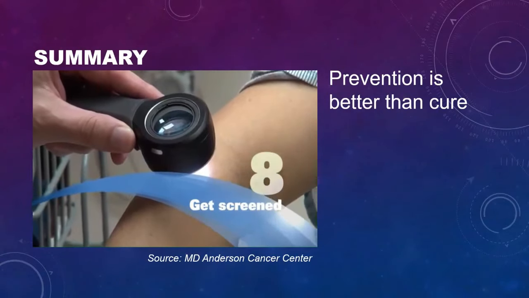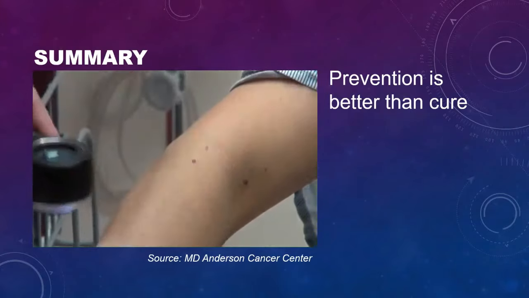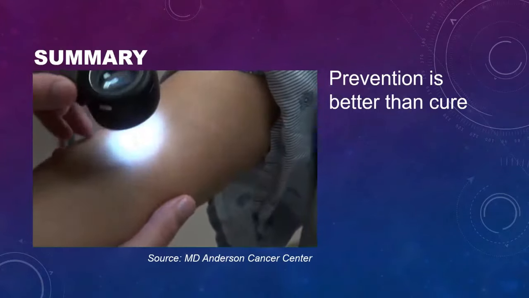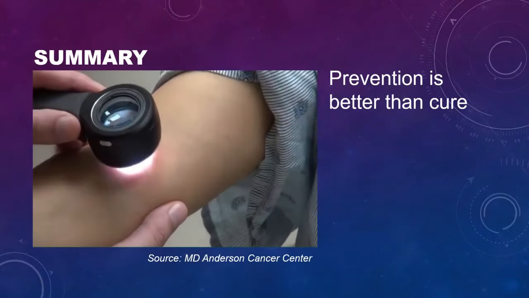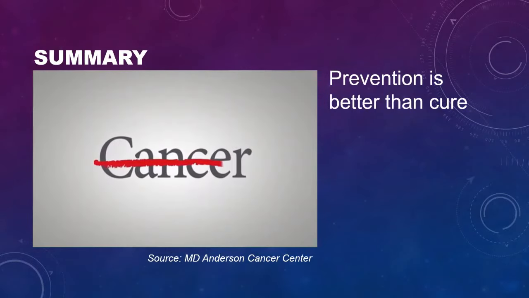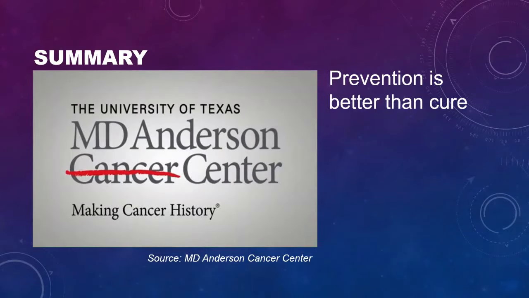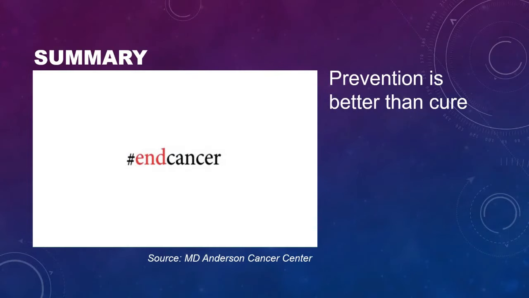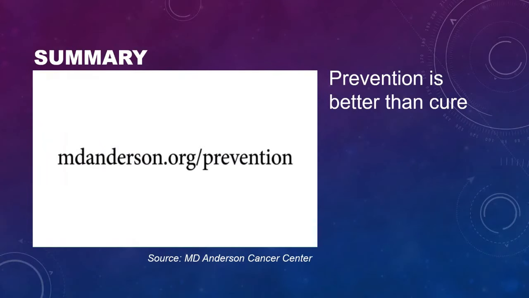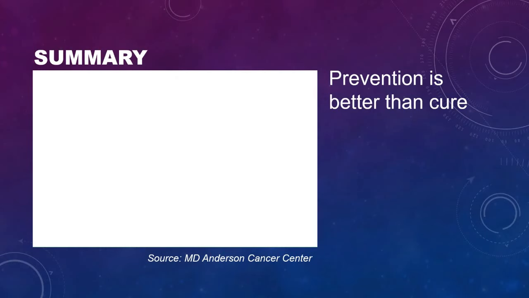Talk to your doctor about the appropriate screening exams for you based on your gender, age, and risk factors. Remember to take this simple step to reduce cancer risk for you and your family.